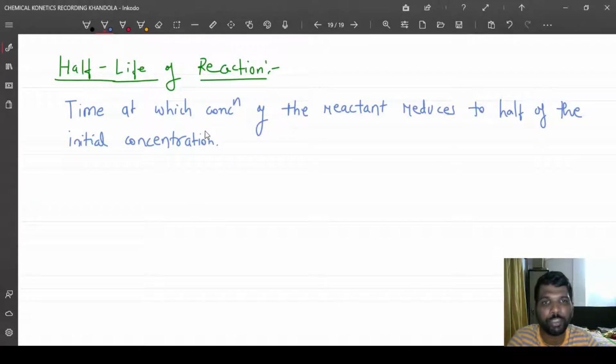It is a time at which the concentration of the reactant reduces to half of its initial concentration.